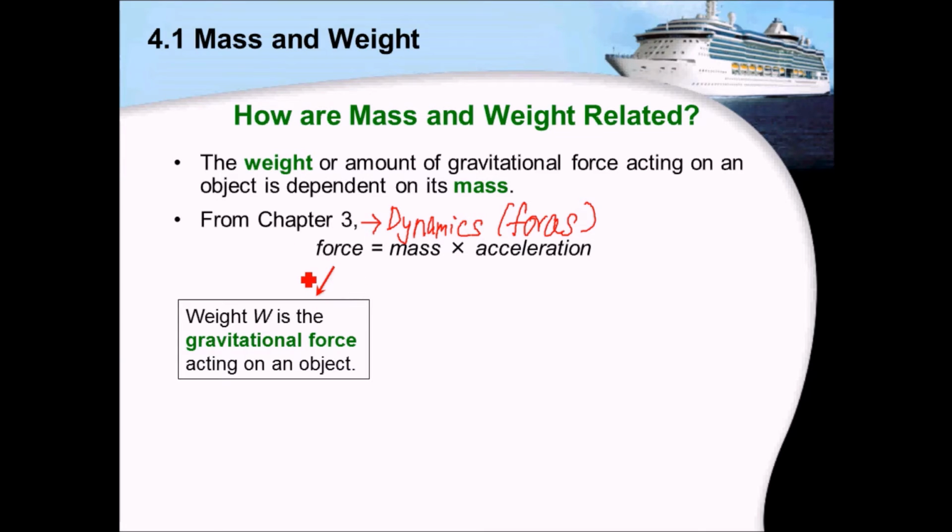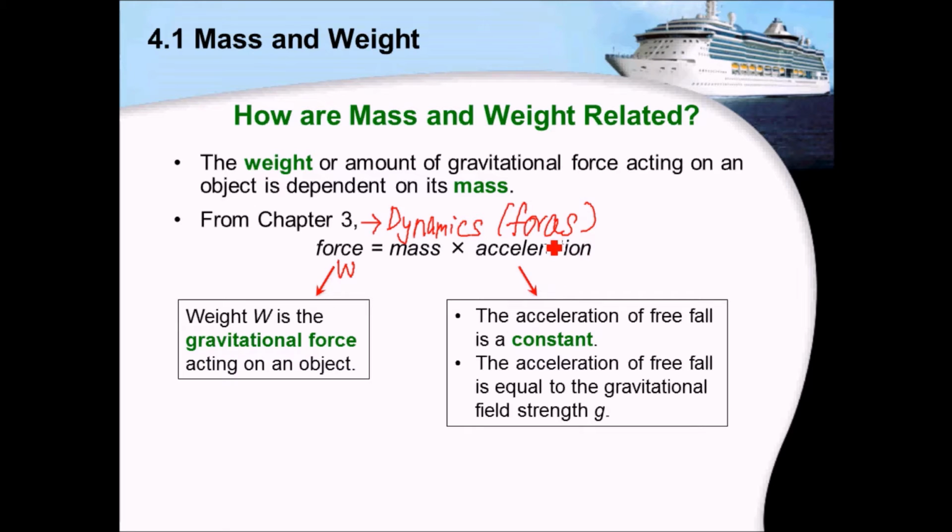So if weight is a form of force, then we can use this formula to find weight as well. This is your weight, and the acceleration, as we learned in the previous slide, is actually the gravitational field strength. Why? Do you remember that Newton per kg has the same unit as meter per second square? So gravitational field strength is your acceleration as well. This will be your g.